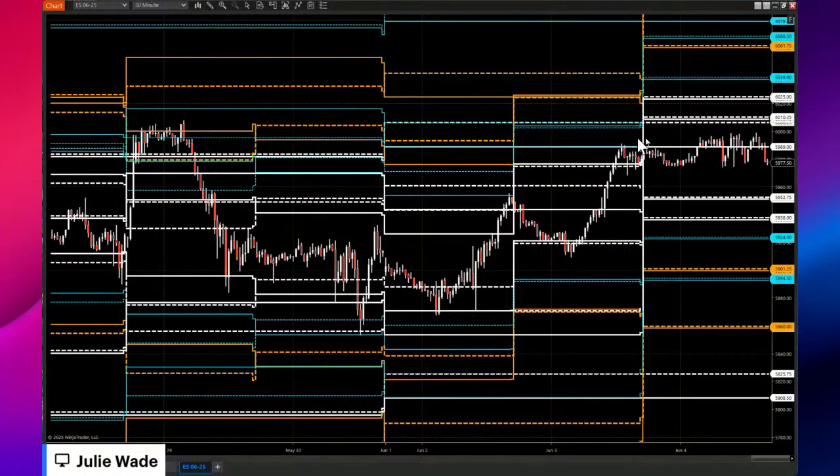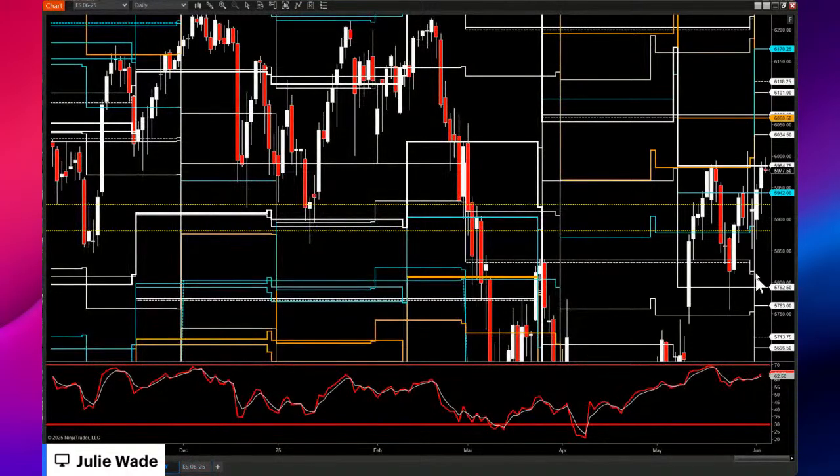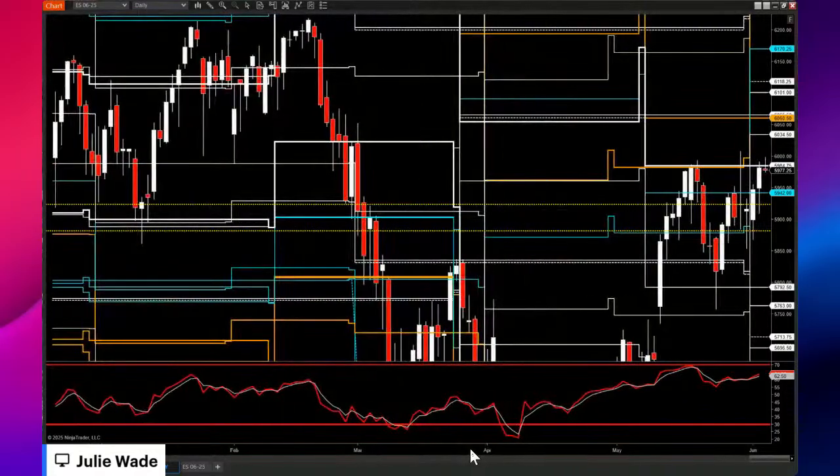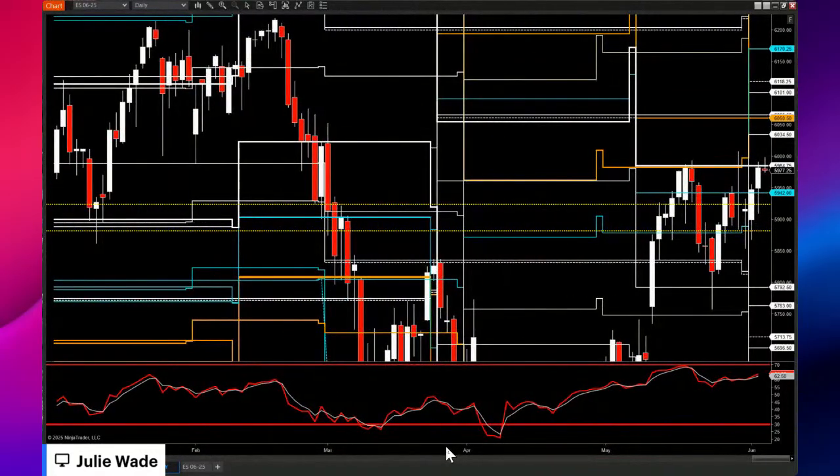We stopped out at this overall resistance level, which is a higher time frame. We're back at 59.84.75, and that is the resistance.